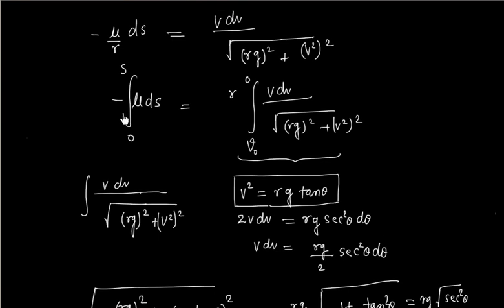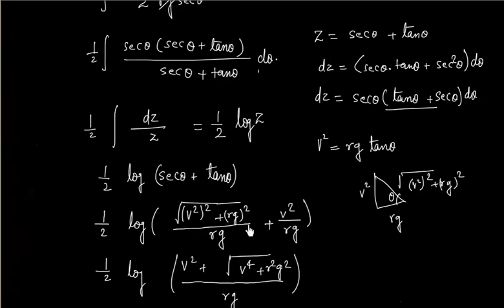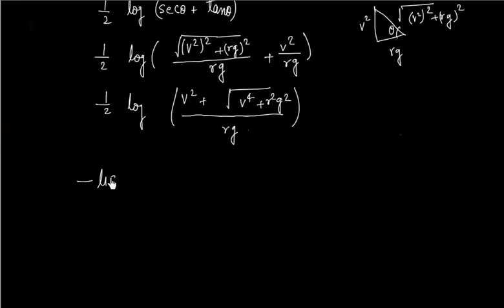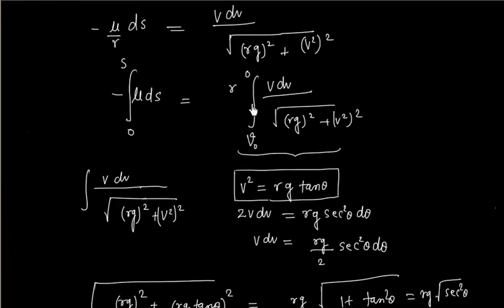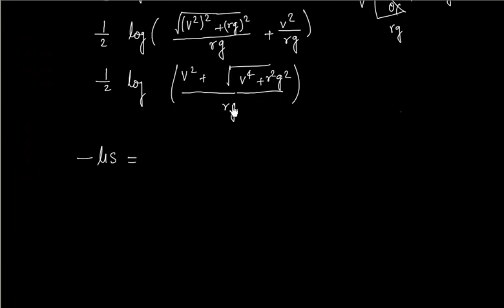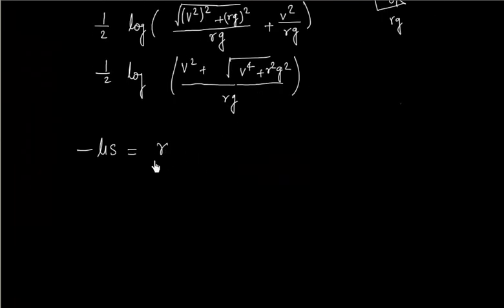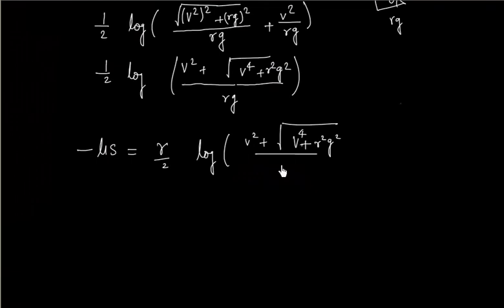Now on the left side we will have simply minus mu s. So we will have minus mu s is equal to r times the value of the integral, and the limit of the integral this side is v naught to 0.